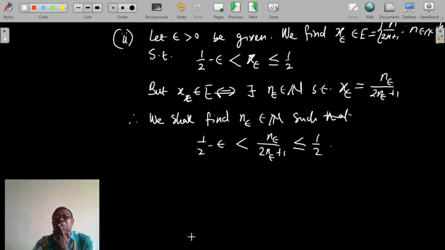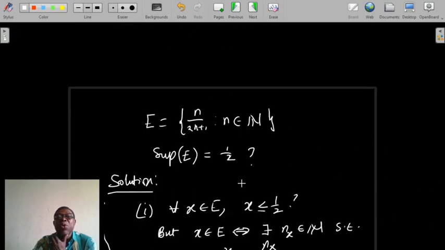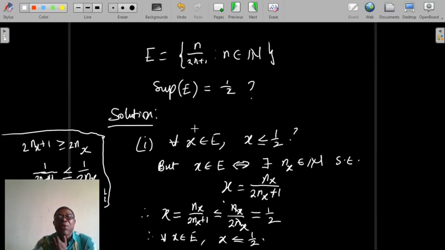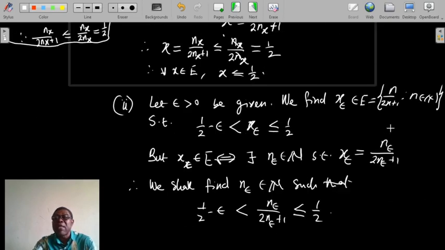But here, we have to be very careful. We already know that for any x we pick in this set, x is less or equal to half. So if we find such x_epsilon in this set, by the above, x_epsilon must be less or equal to half. This means naturally that this inequality already holds.